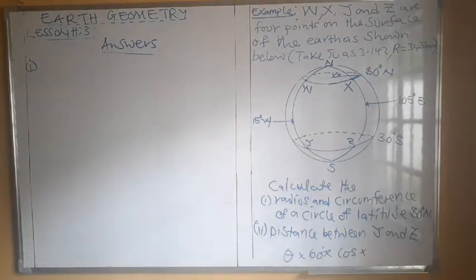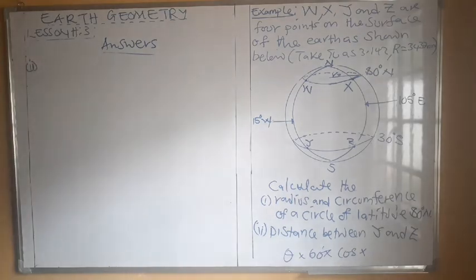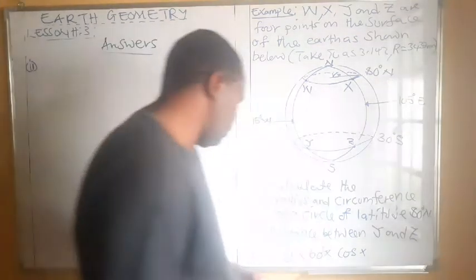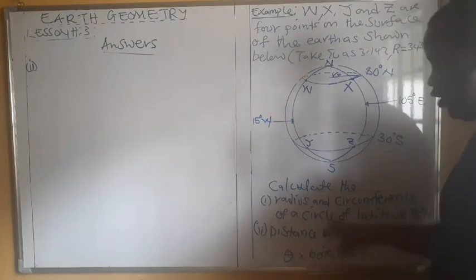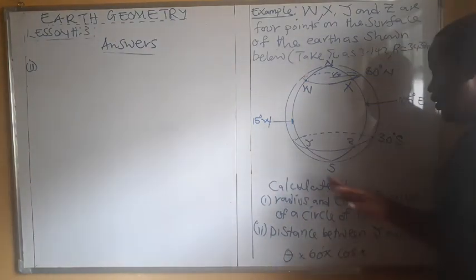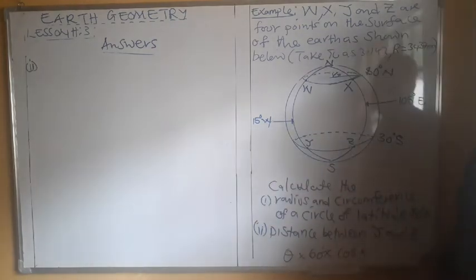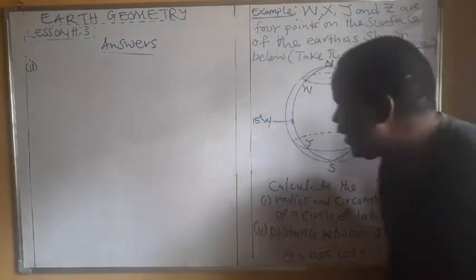For Roman numeral 2, we want to find the distance between y and z. You must know that y and z lie on a circle of latitude 30 degrees. They are on the same latitude. So how do we get that?